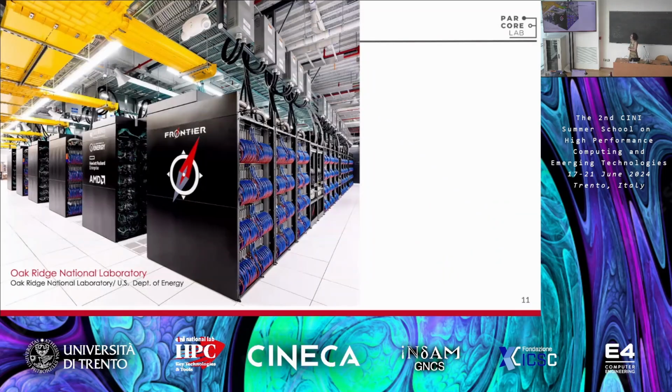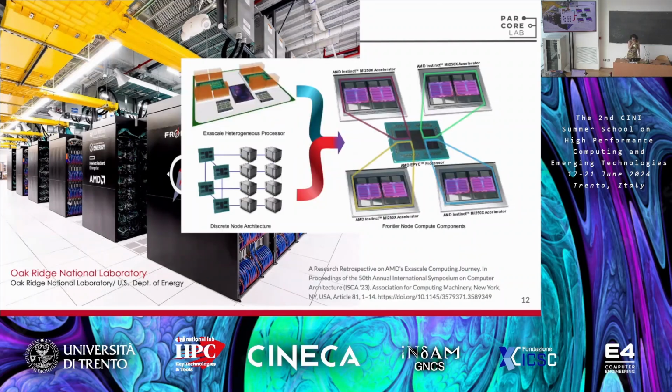So this is Frontier. It's the number one system on the Top500, the number one HPC system. Companies may have bigger machines and flop rates, but this is located at Oak Ridge National Lab, and it has GPUs and CPUs in the system.